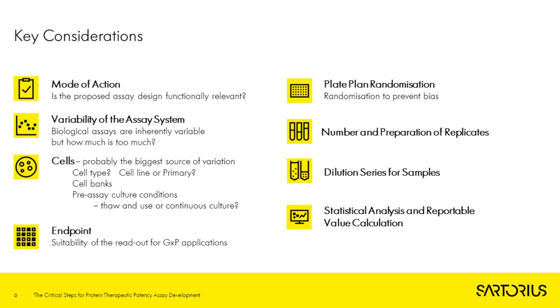We also need to define how we will generate our reportable value. Will this be from data combined from several assay plates over one run or multiple runs? Will our potency be calculated from each plate individually or from the entire data set across multiple plates? There are a few specialist data analysis software programs that can really help here, but it is advisable to consult a bioassay statistician if you've got any doubts.